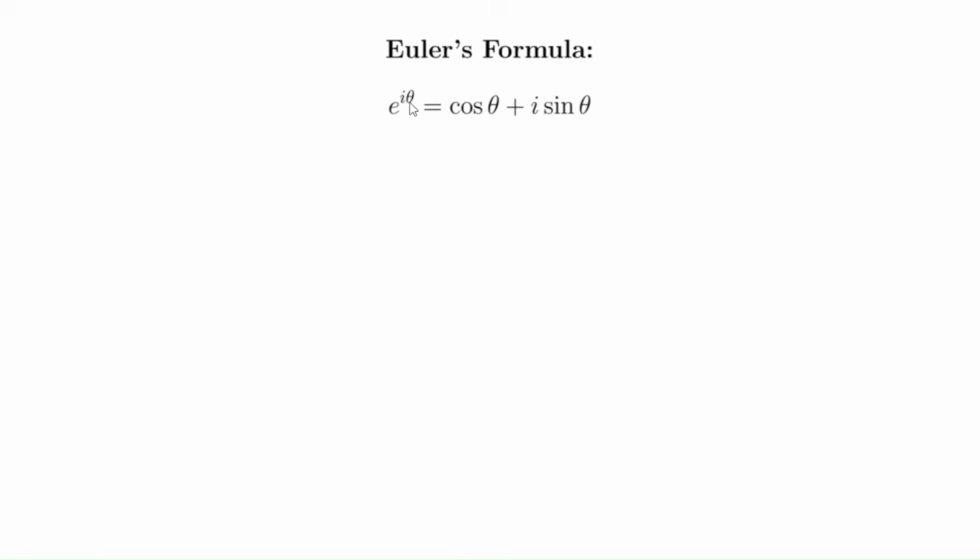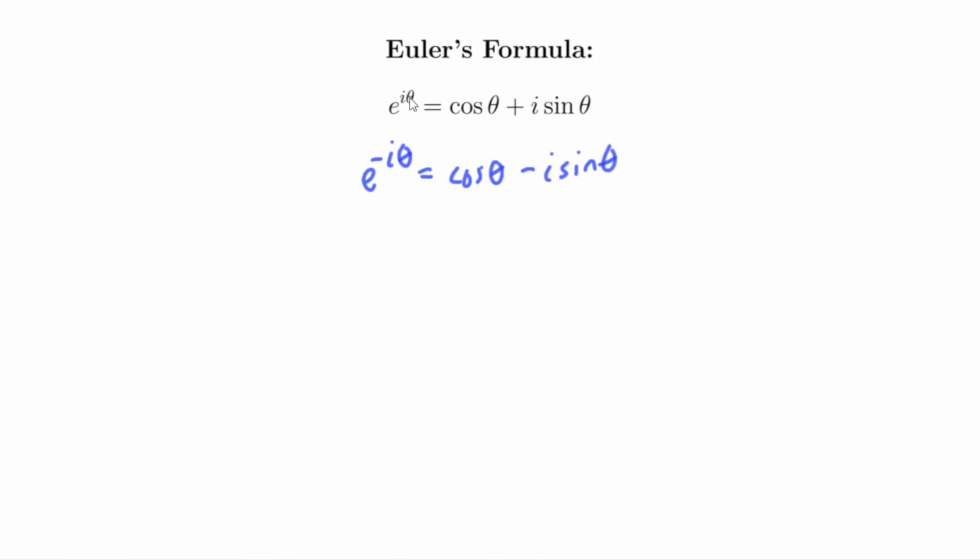Now, what if we replace the thetas in this formula with negative theta? Well, we could write the left-hand side as e to the negative i theta equals, well, cosine of negative theta is just cosine of theta because cosine is an even function. And sine of negative theta is negative sine of theta because sine is odd. So we get minus i sine of theta. Now we tend to think of theta as being a real number, like an angle that we're plugging into sine and cosine.